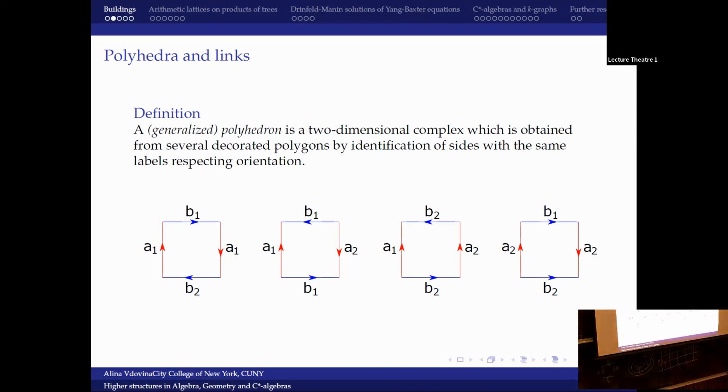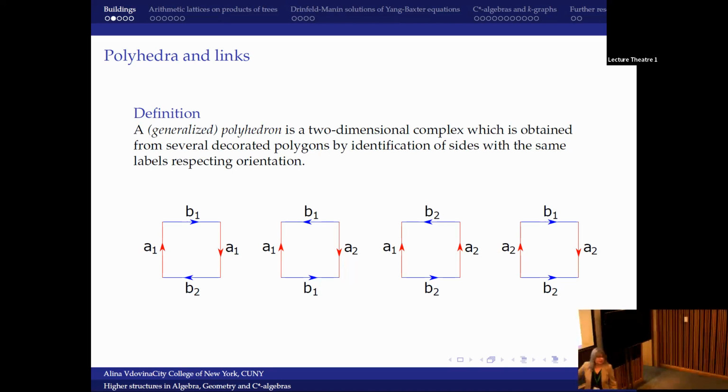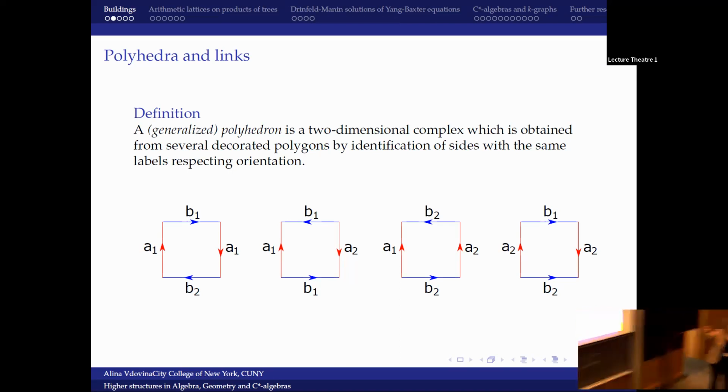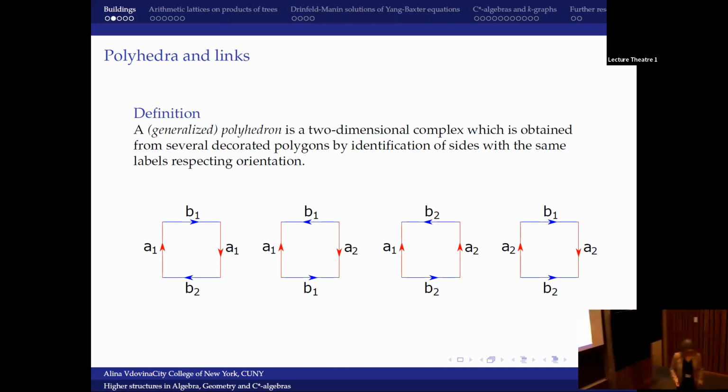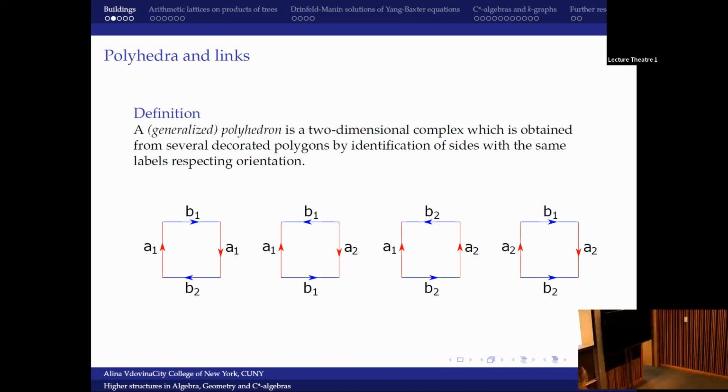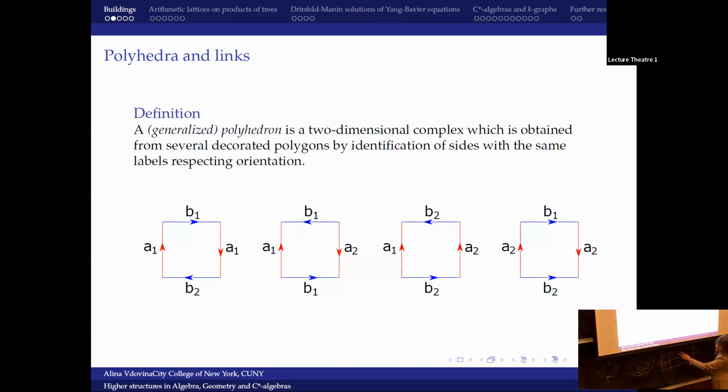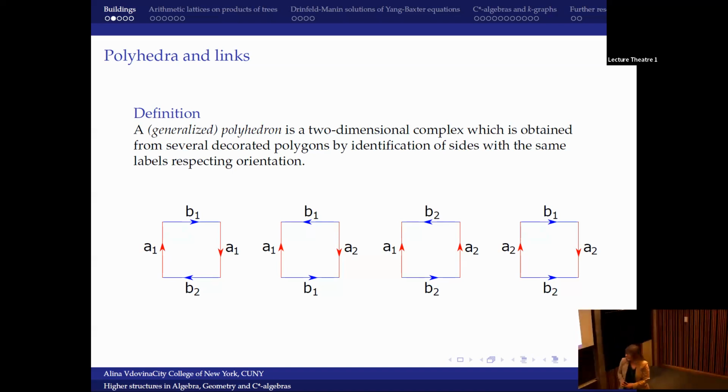So I will keep this picture in mind because we are going to use a very similar idea: a complex and its universal cover and the fundamental group of this complex acting on the universal cover. But our polyhedra are not going to be embeddable in three-dimensional space, so you cannot draw them as nicely as you draw a torus glued from a square.